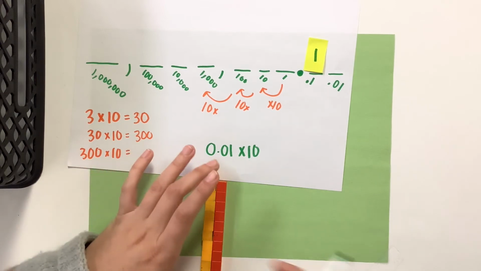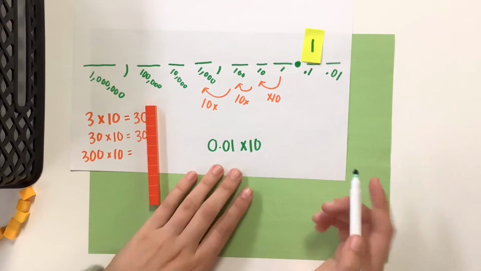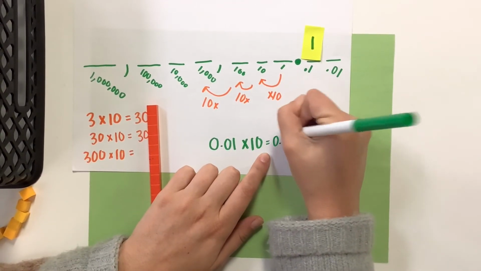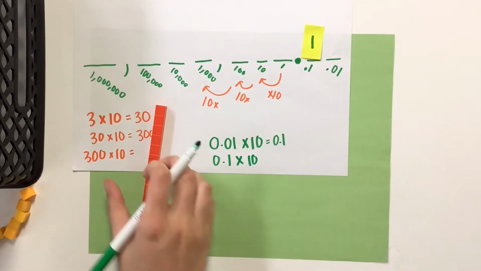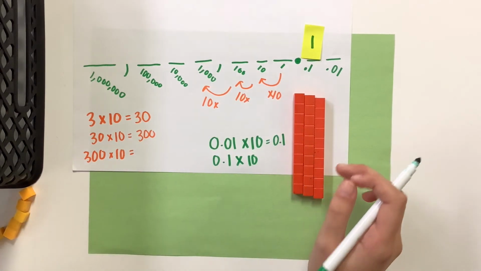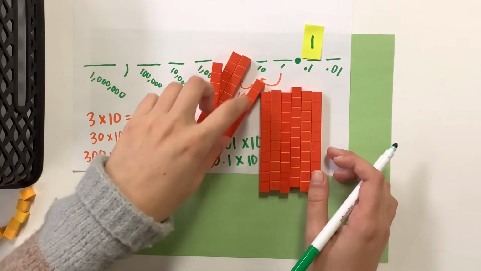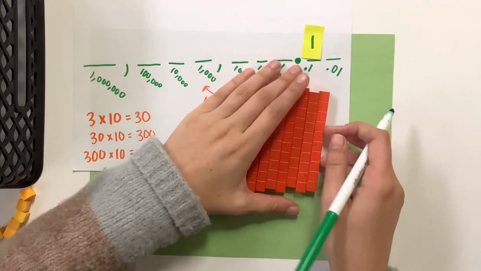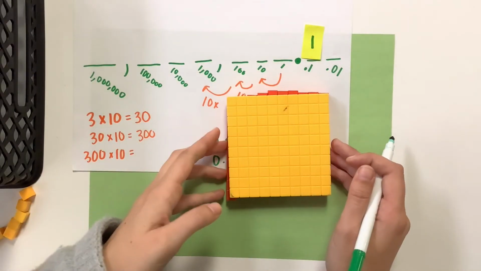Okay, what about with a tenth? What if I want to make a tenth 10 times greater? So 1/10 times 10. So 1, 2, 3, 4, 5, 6, 7, 8, 9, 10. 10 tenths would equal now 1.